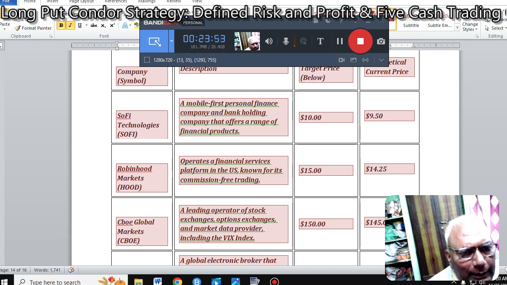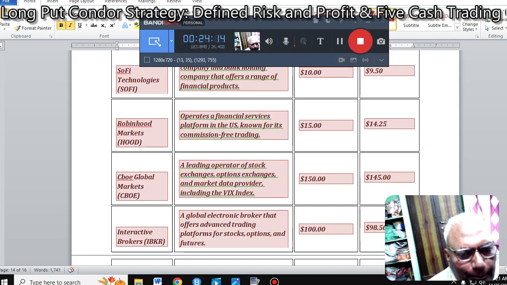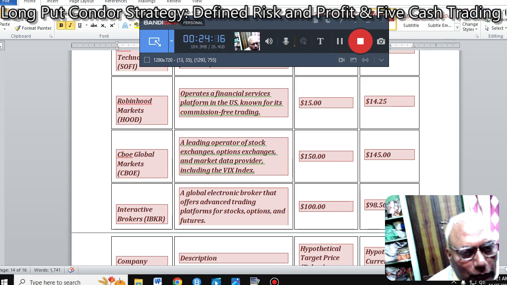Second, Robinhood Markets operates a financial services platform in the US known for its commission-free trading. $15 and present price $14.25.